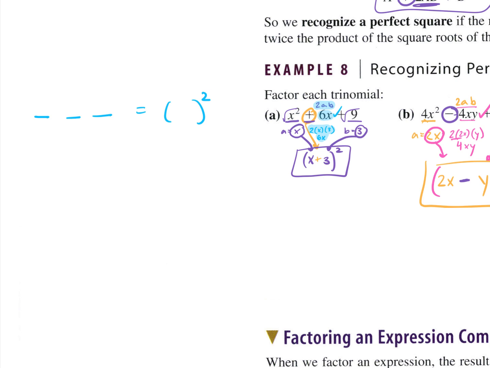Versus if we have the difference of squares, so that's one term minus another term, when we have two terms, it factors into 2 parentheses. So if I had a squared minus b squared, that would be a minus b times a plus b. So 2 terms gives you 2 parentheses versus 3 terms gives you 1 parentheses.